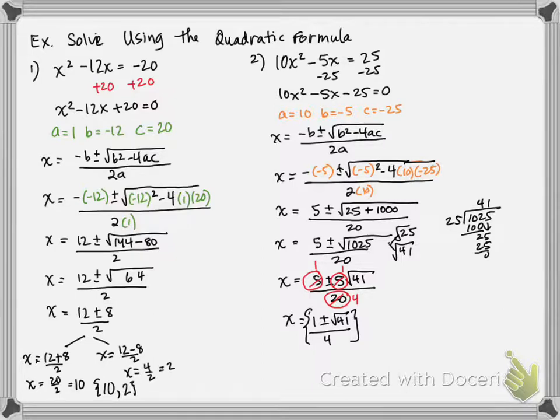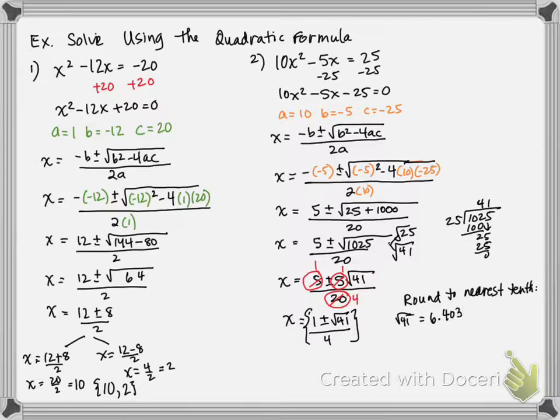So now this is when you would need a calculator or a square root table. And if you were asked to round to the nearest tenth, this is what we would do. First, we're going to look up what the square root of 41 is. Now, every table I've seen goes only 3 digits after the decimal point.